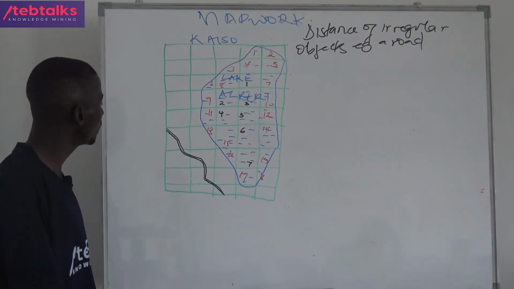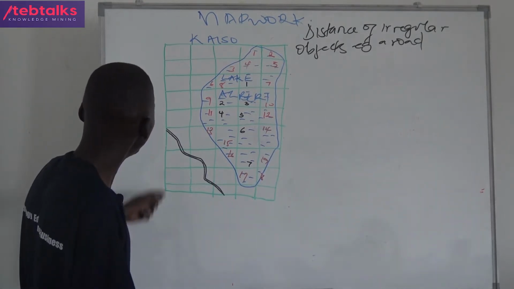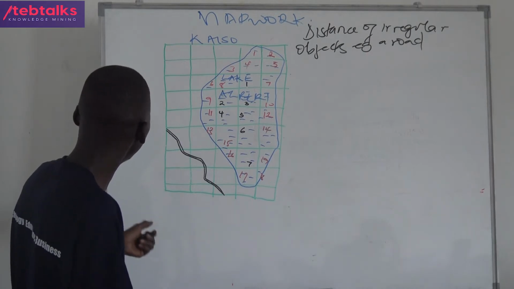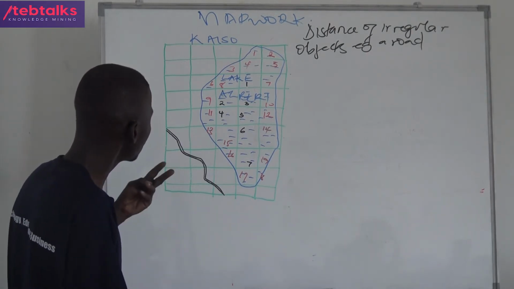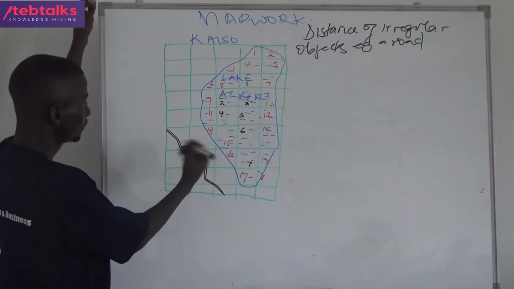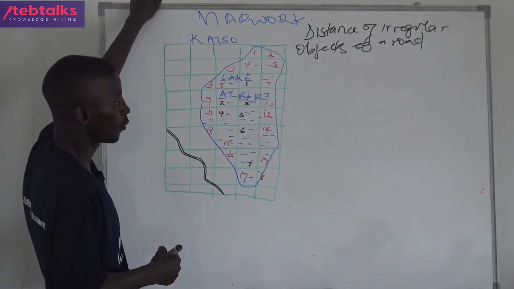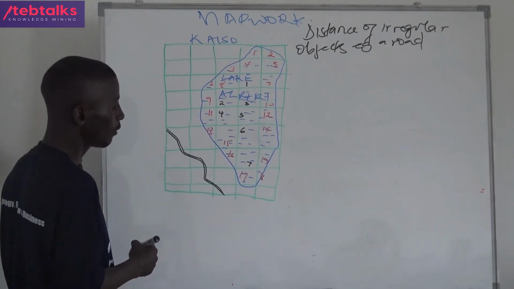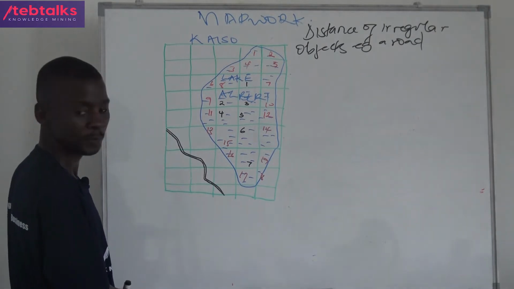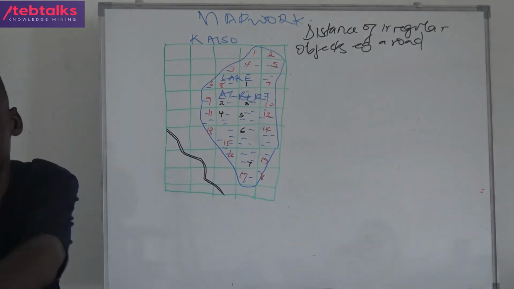In order to determine the distance of any road, we use two things. We can use a thread, or we can use a rough paper.